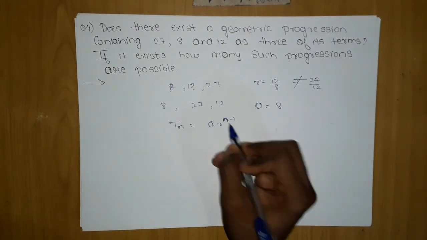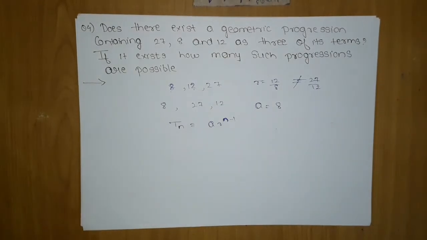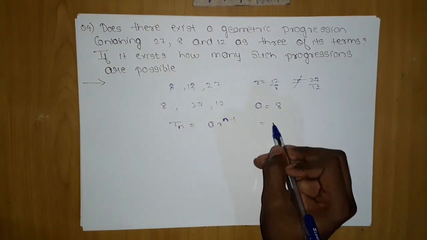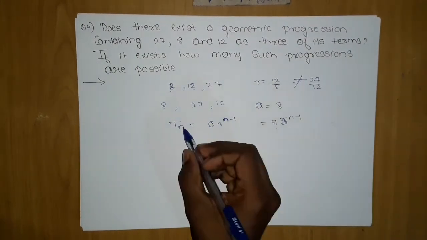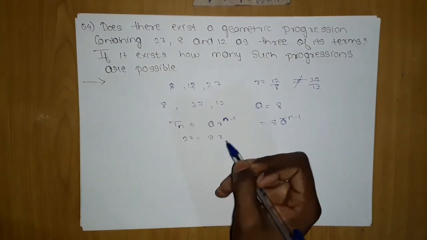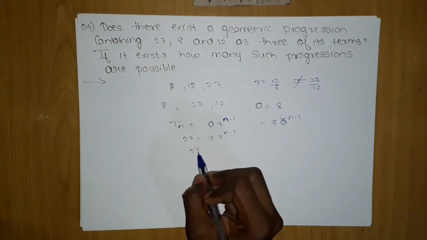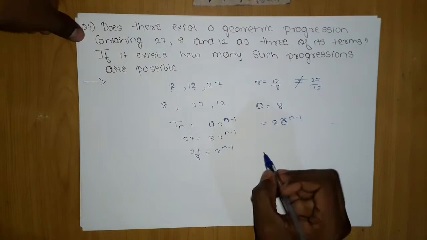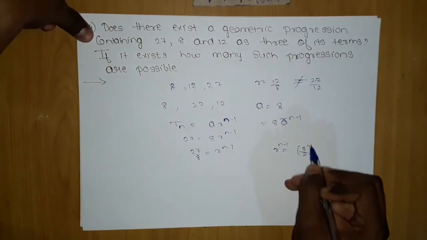It should satisfy this condition. The first term is 8, so 27 should be equal to 8 r to the power n minus 1. If I see clearly, 27 by 8 is equal to r to the power n minus 1, which is nothing but 3 by 2 the whole cube.